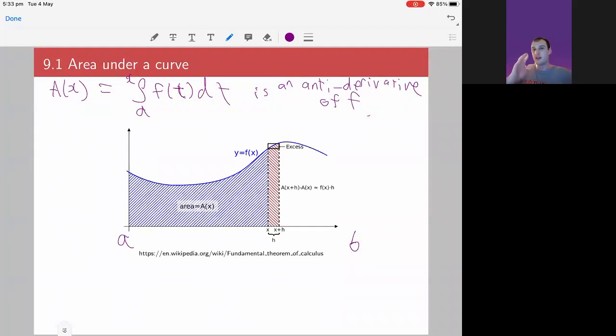It means that the derivative of A is actually equal to the original function itself. Let's see why this is true.